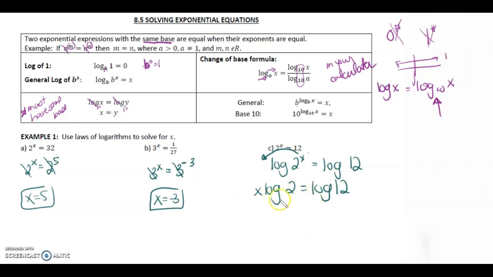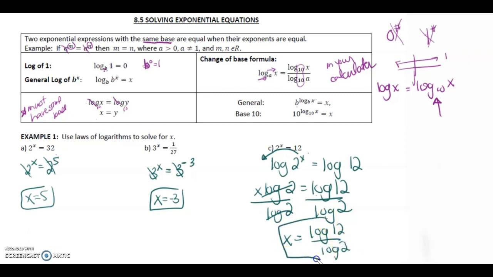One thing we have to remember is that log 2 and log 12 are just numbers. So I'm going to divide both sides by log of 2, and those are going to cancel. The exact value is log of 12 divided by log of 2. You can leave it like this, because in your calculator it's not exact; it's going to be a big decimal.